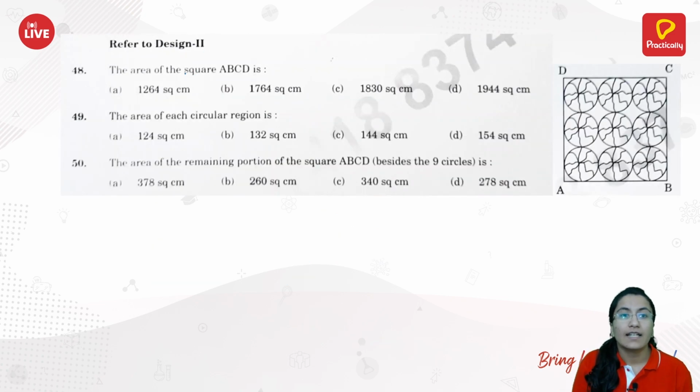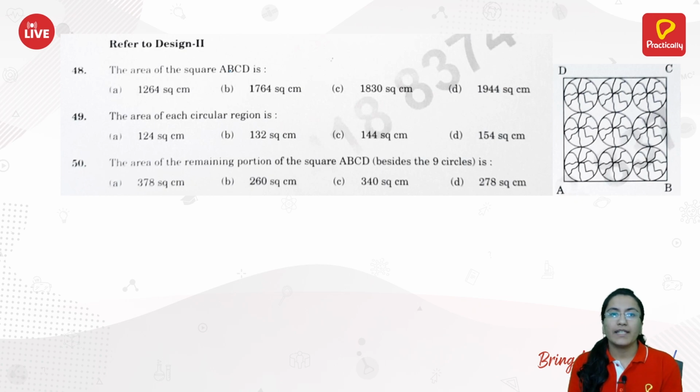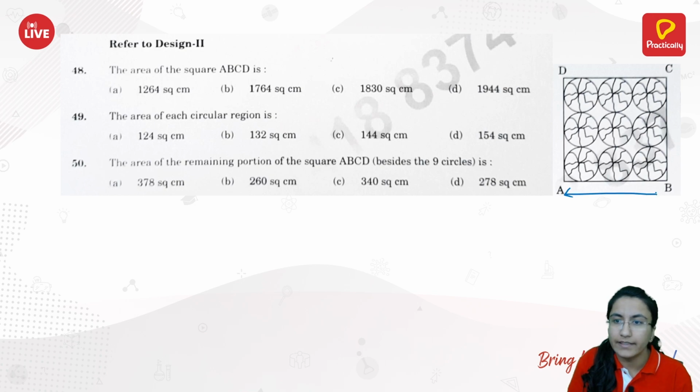Next we have the area of the square ABCD. For finding the area of a square, we need to square its side length. So how can we find this side? You can see this line passing through the centers and making the diameters of all these three circles is the same as AB.